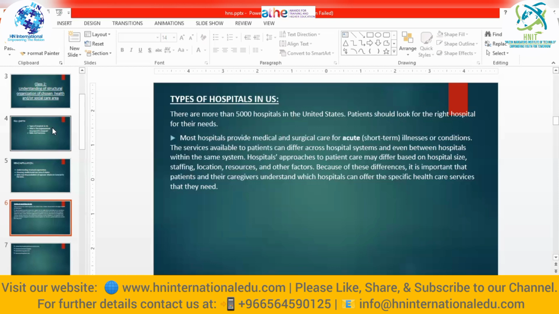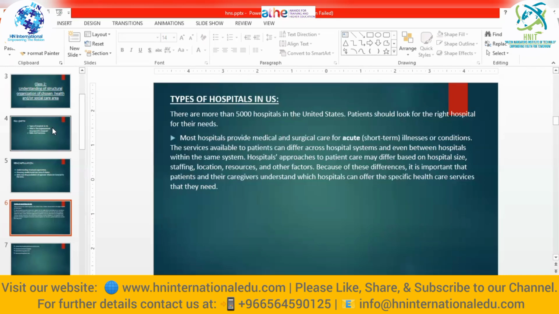The services available to the patients can differ across the hospital systems and even between the hospitals within the same system. Yes, exactly. Some of the hospitals are specialized hospitals: gynecological hospitals, orthopedics hospitals, ophthalmology hospitals, and sometimes all of these specialists are present within one hospital to check the different kinds of illness.